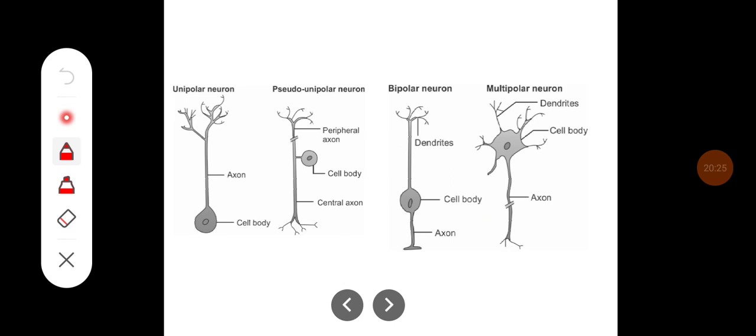So these are the different types of the neurons, that is unipolar neuron, the pseudounipolar neuron, whose example is dorsal root ganglion, and bipolar neurons, they are present in the retina, and the multipolar neurons, one of the best examples is the motor neuron.